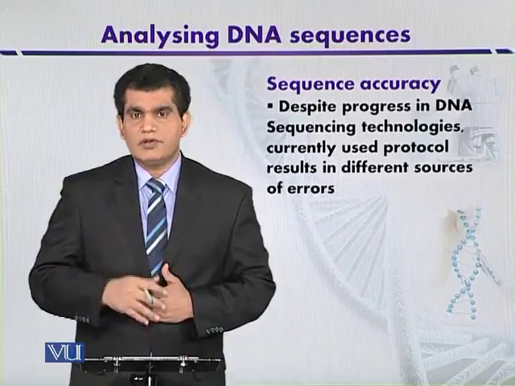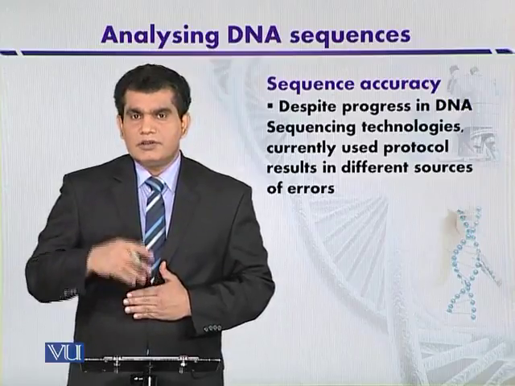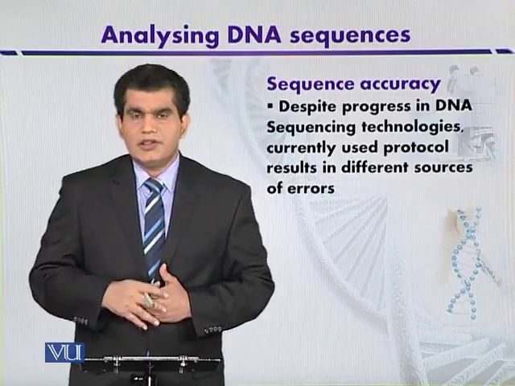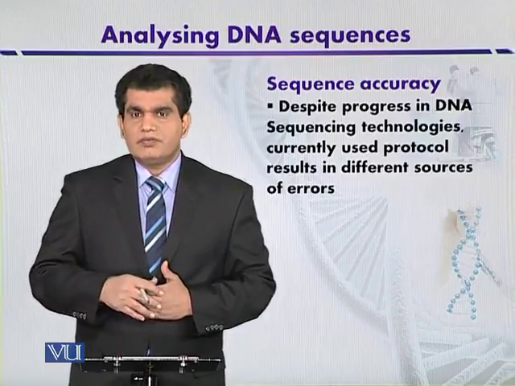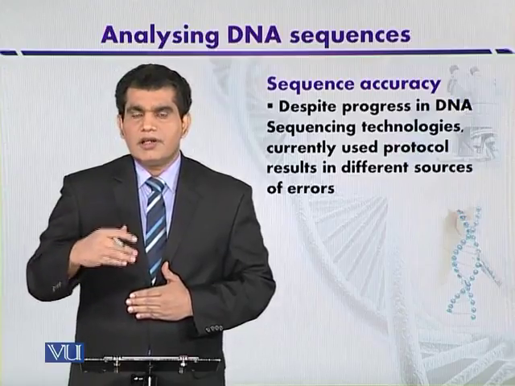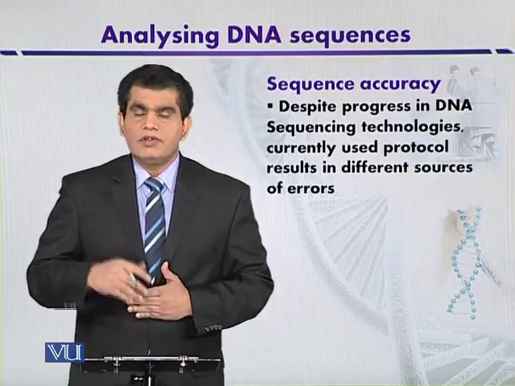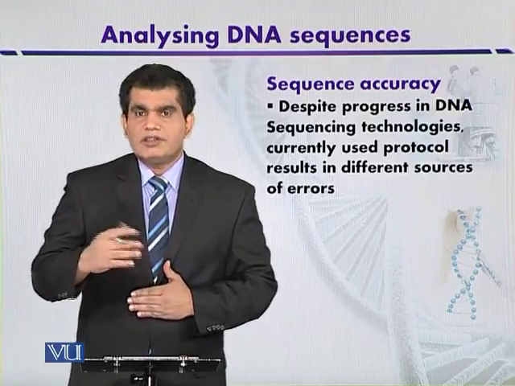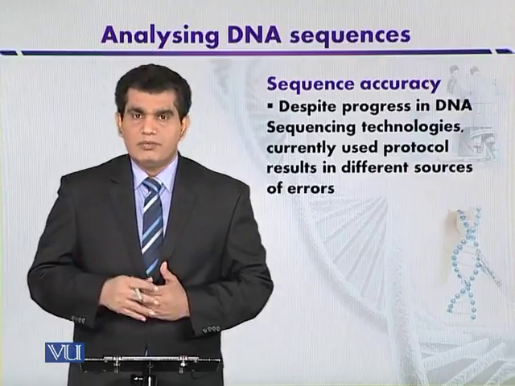The first of the work was conducted in the early 1990s, like 1992, by the group of Wilson and co-workers. They analyzed a stretch of mouse DNA having a size of around 96 kilobase pair.